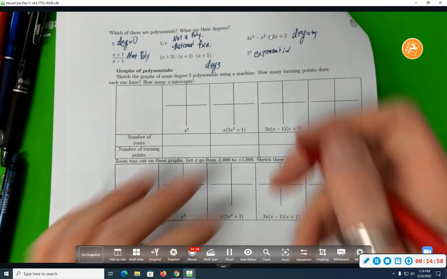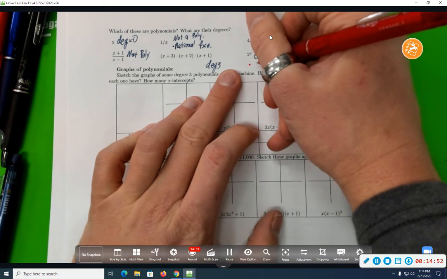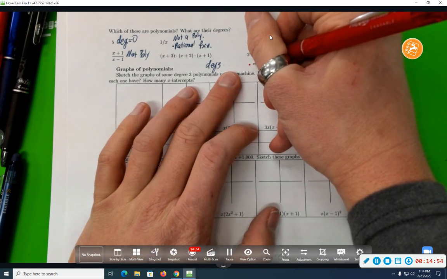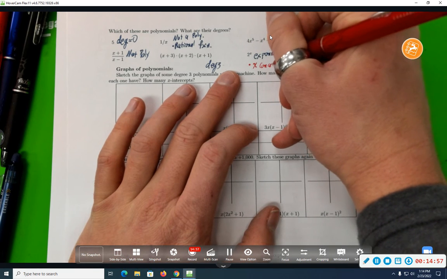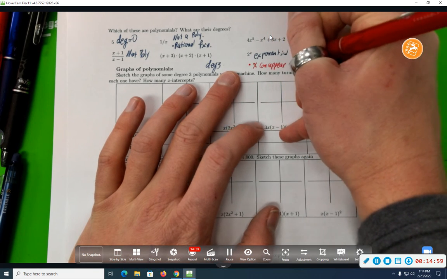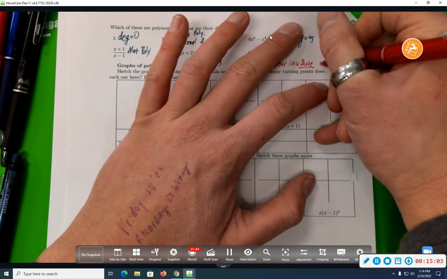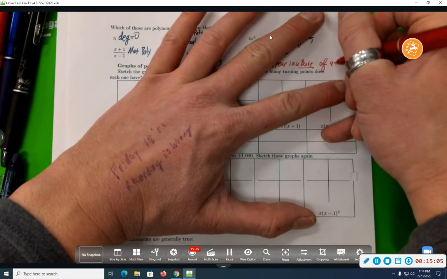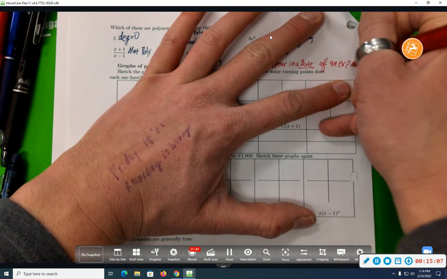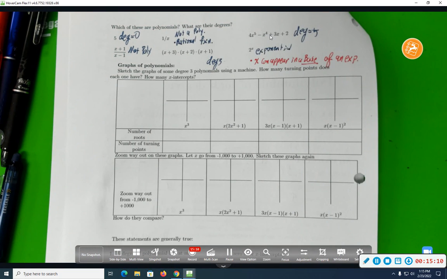I guess the point there is x can appear in a base of an exponent, but not in the exponent itself. Right? You're allowed x squared, but you're not allowed 2 to the x in a polynomial.